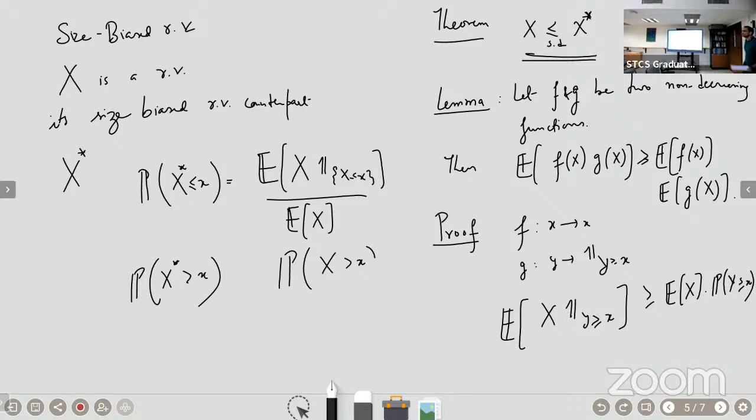But the sign in the indicator is different. Okay, where it's less than or greater than. Fine.